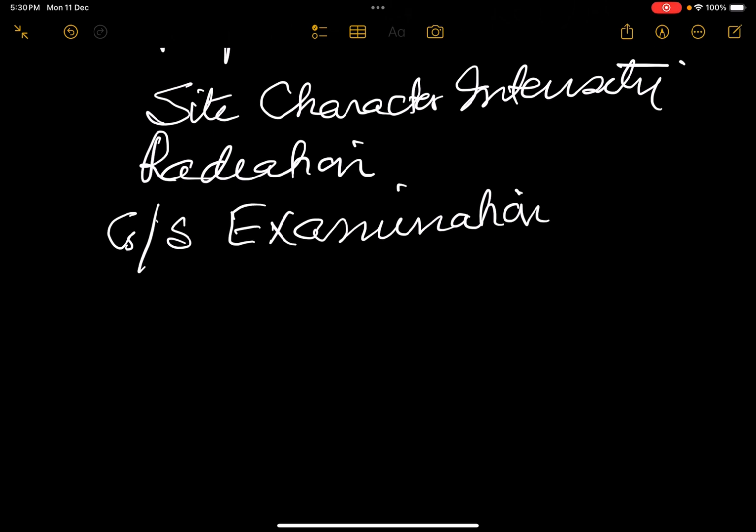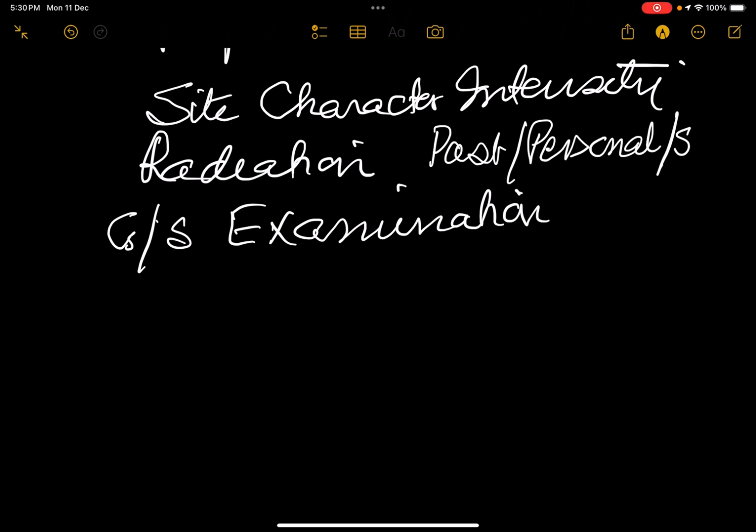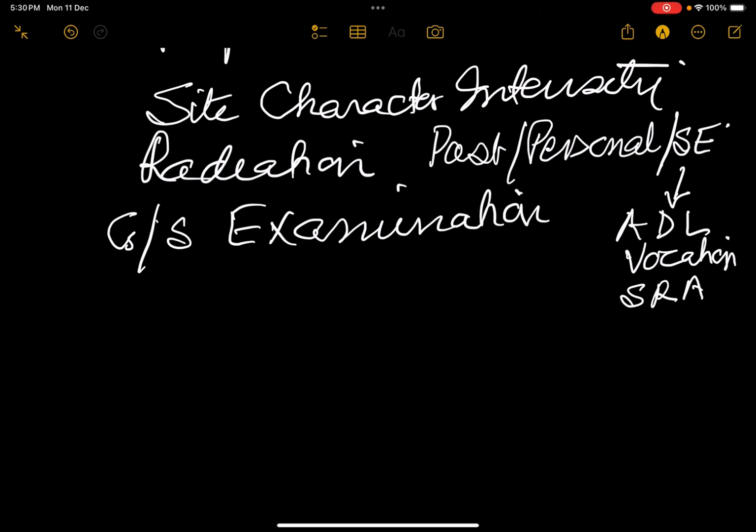After taking a past history, personal history, socioeconomic history, especially the effect of the problem on the activities of daily living, vocation, and socio-recreational activities.